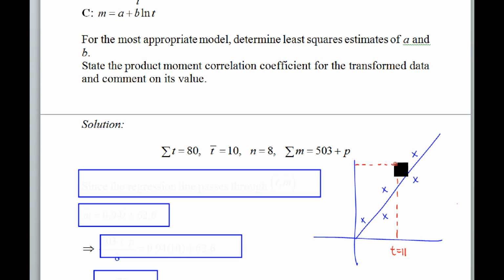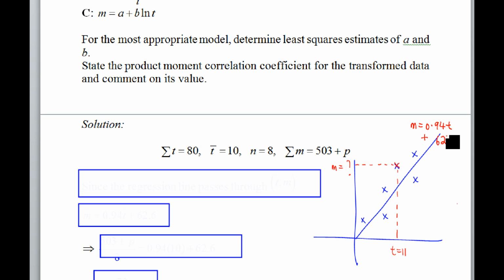You want to find out what the value of P is, and you already know the regression line. The regression line is M equals 0.94 T plus 62.6.